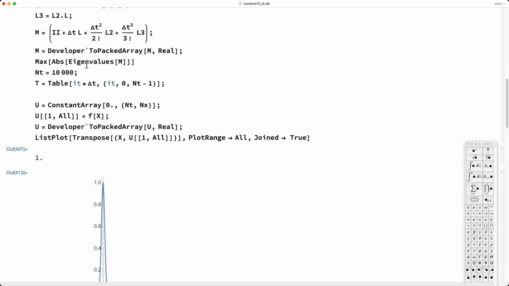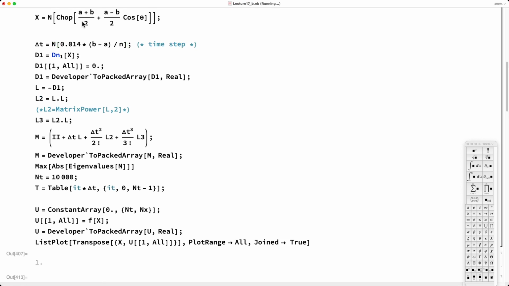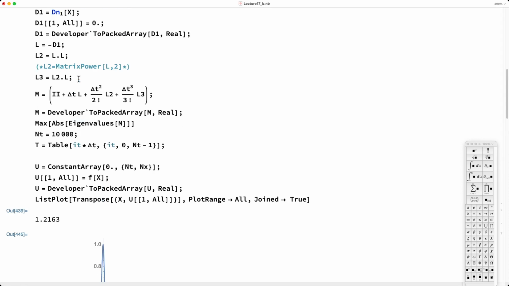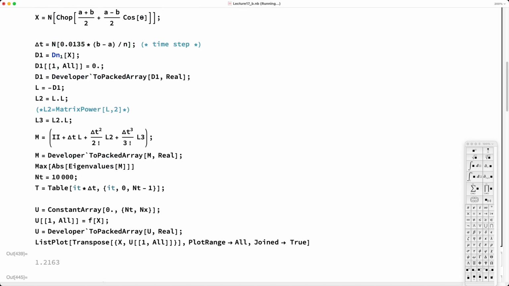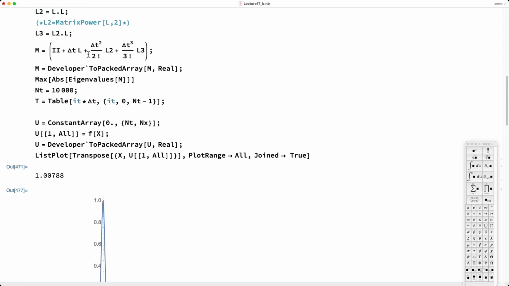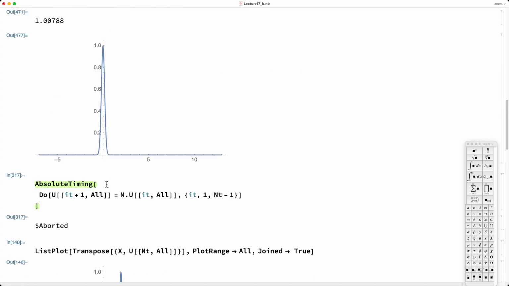13 maybe. That's still stable, borderline. Okay, so this is barely unstable. We can try and get closer. Okay, that's very close to unstable. So it's barely unstable. Let's see if that runs.